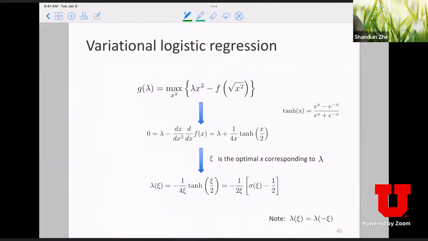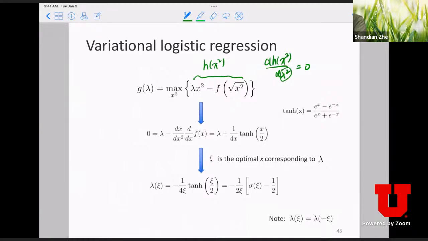That means you want to take, let me look at this. If you write it down as h of x squared, you want to solve for the gradient to be 0. And remember, here we assume the input is x squared, not x.